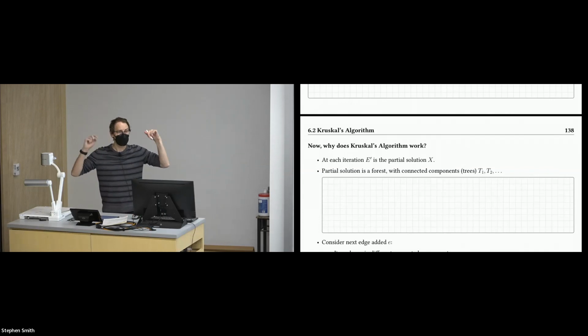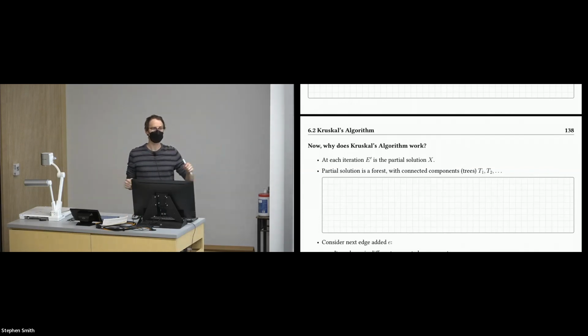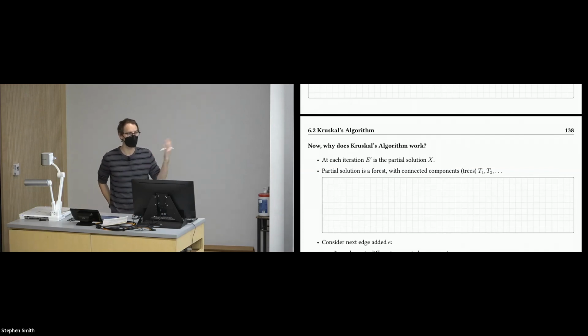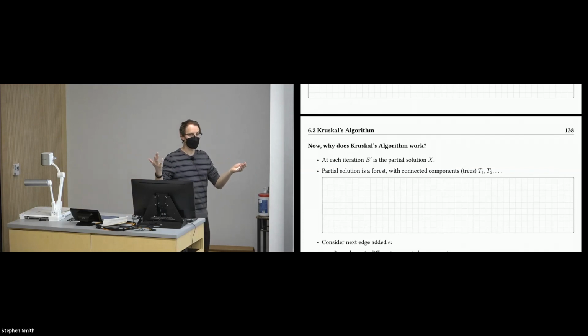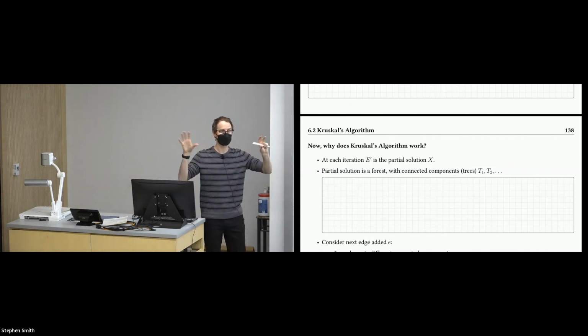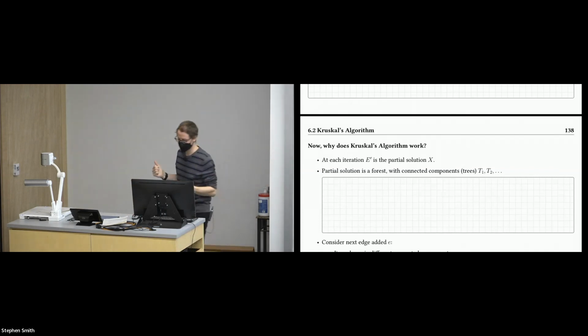So what is this cut that we're adding an edge across in Kruskal's algorithm? At each iteration, E prime in that Kruskal's algorithm I wrote above was the partial solution X, just a different notation. And the partial solution is a forest, right? We know it doesn't create any cycles. When we're building the tree, it's not yet a tree, so it has at least 2 connected components.